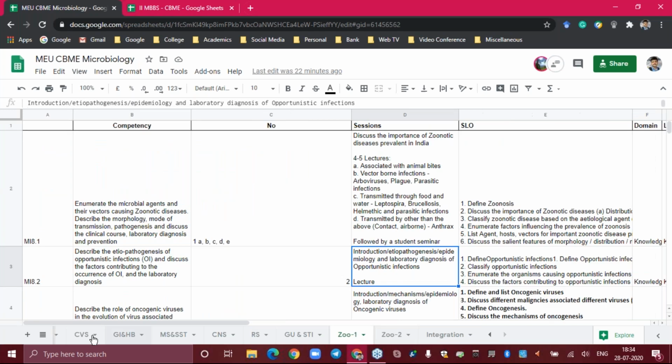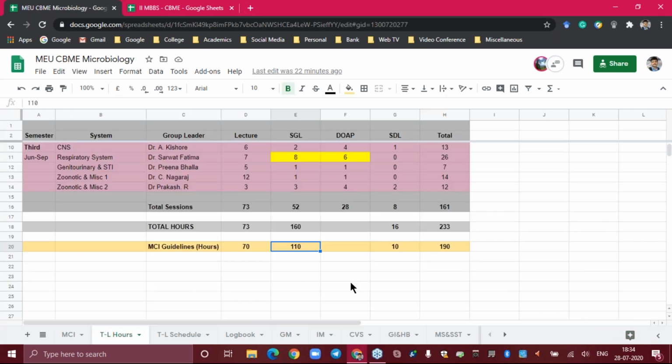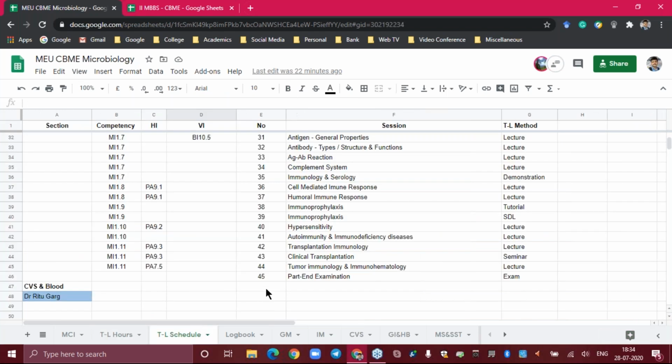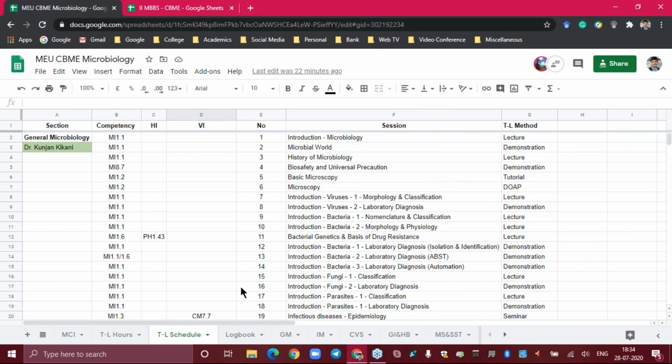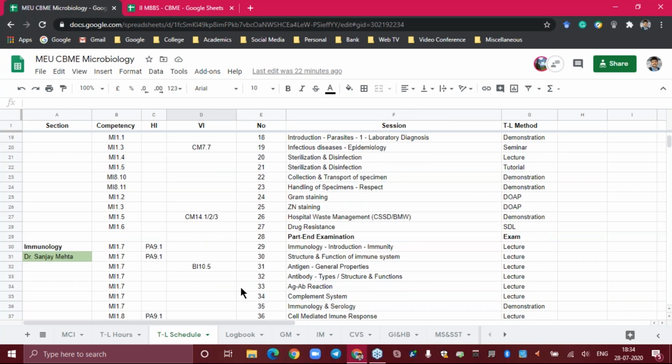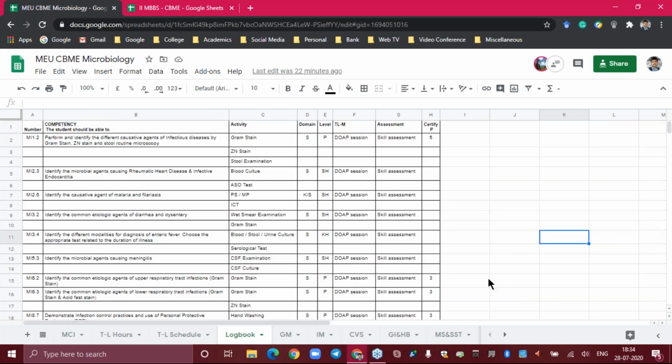Okay, so this is in brief what we have achieved till now, and still there are some works which need to be done, right? In common, there is one more important thing, the logbook. The logbook, as it has been taken in a session, should include all performance and shows how.